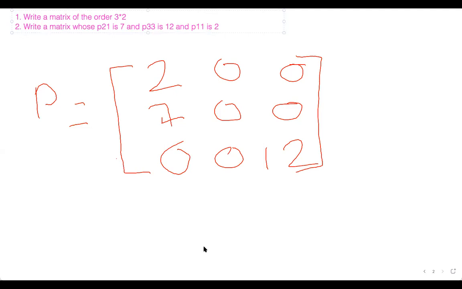Correct. Write the order also. Correct. See, you can have any order. यहाँ पे specify नहीं किया है question में, but then any matrix should have a name and it should have order written, right? So shall we proceed?